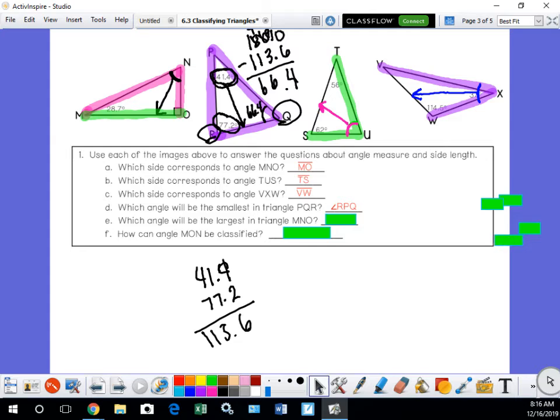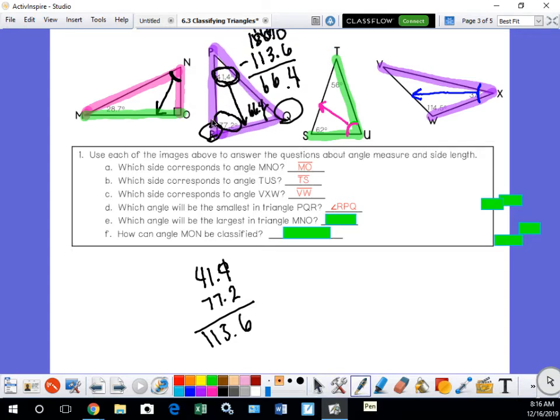It just wanted to know which one was the smallest angle. So the smallest angle would still be found by finding all three and then comparing them. But our angle there is going to be RPQ. So starting at R, going into P, going out to Q. Or we could have just said angle P is the smallest.